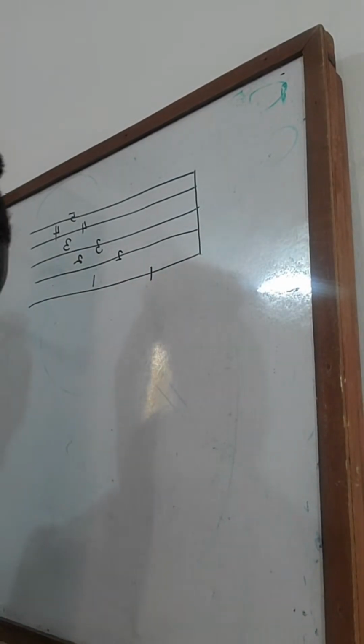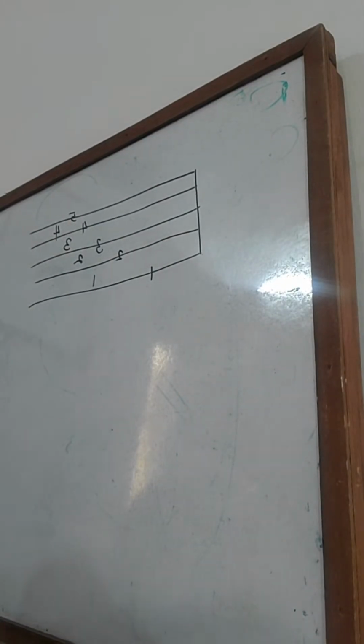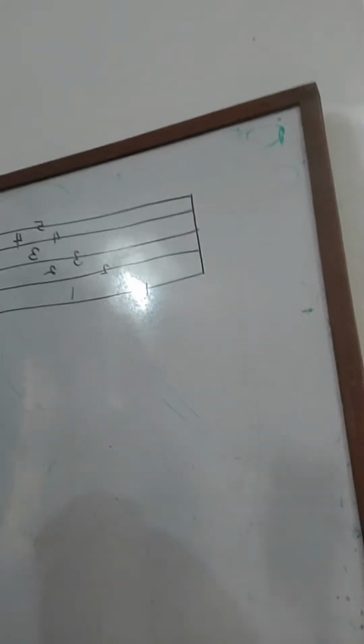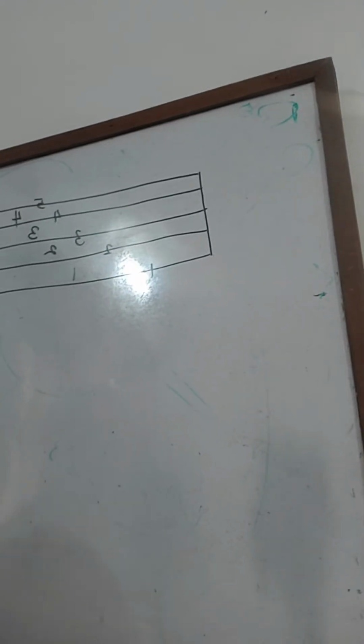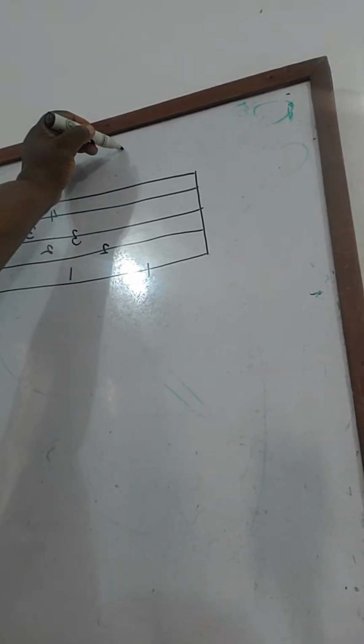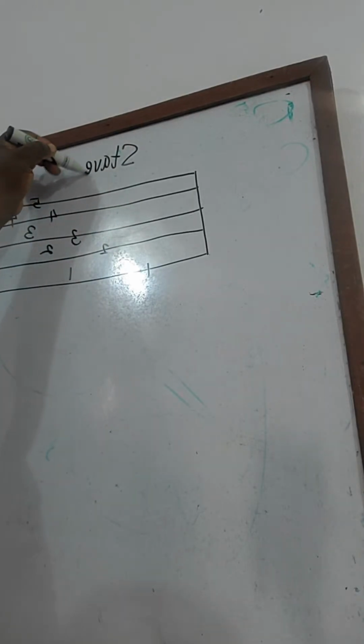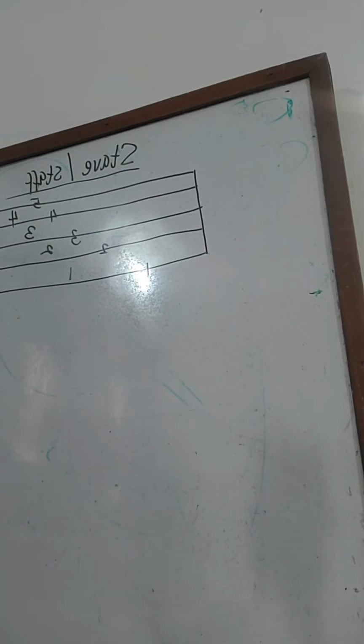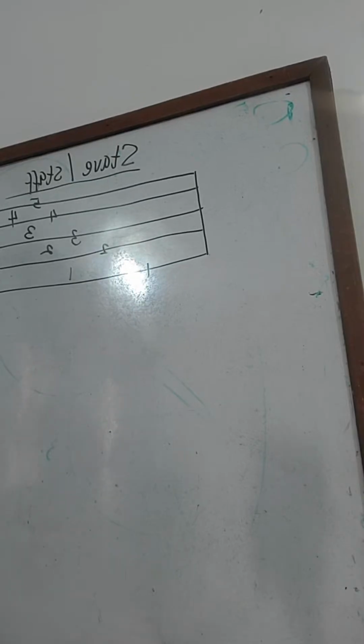Can we all see it? So this is a stave or a staff. A musical staff consists of 5 horizontal lines and 4 spaces in between. Then the next one to talk about are clefs.